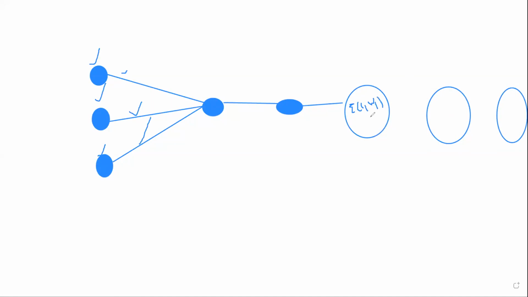So whatever number of inputs we have, the multiplication of weight and input is summed, and that sum goes on to the activation function.